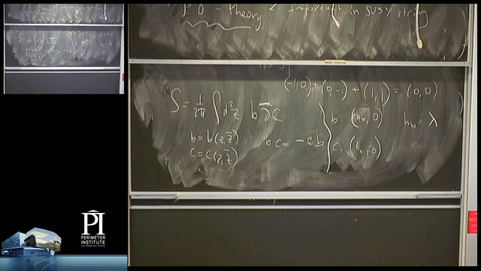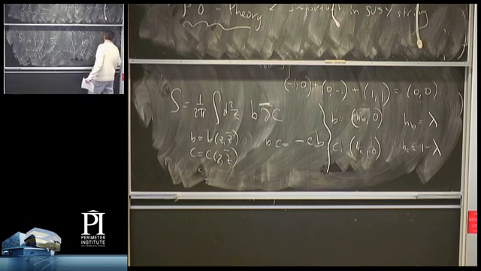Pretty much by hand, I'm saying I want to come up with a stress energy tensor, because it is the stress energy tensor that will determine what the weights of the fields are, so that at the end of the day the field B will carry only holomorphic weight lambda, where lambda is any number, and h_C is going to be equal to 1 minus lambda.